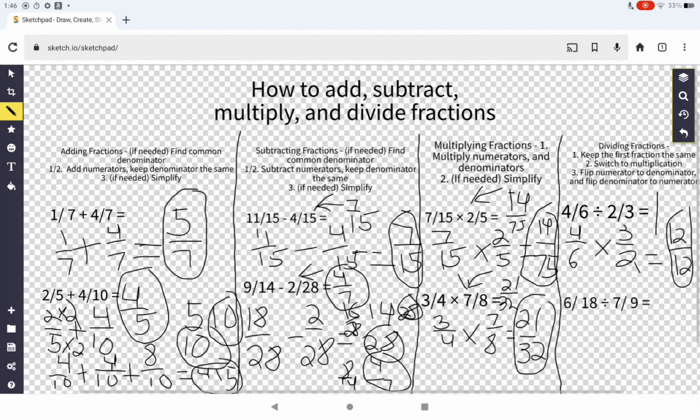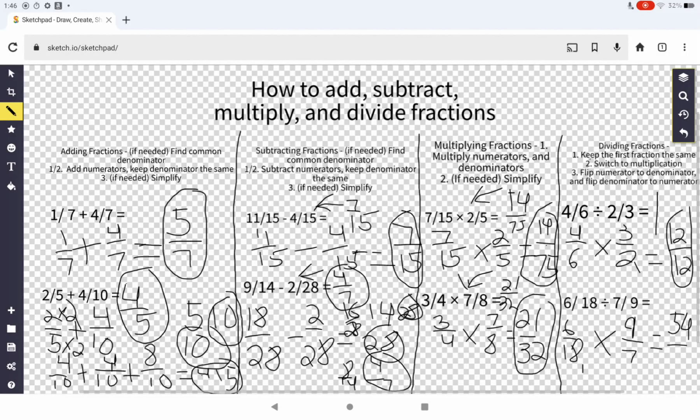Okay, next for the second one we have 6 18ths and 7 9ths. So we keep the first fraction, switch to multiplication, and flip, so 6 times 9 and 18 times 7. So 6 times 9 is 9, 18, 27, 36, 45, 54.